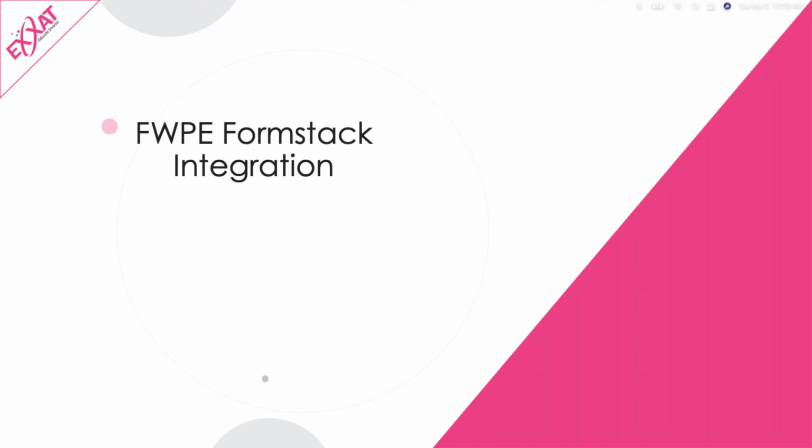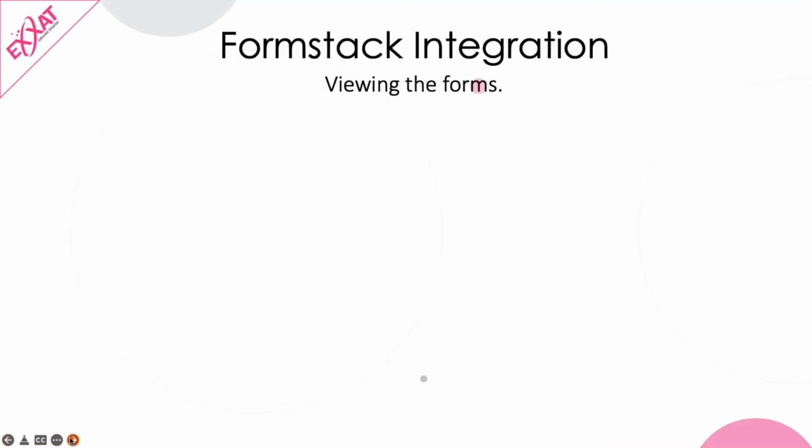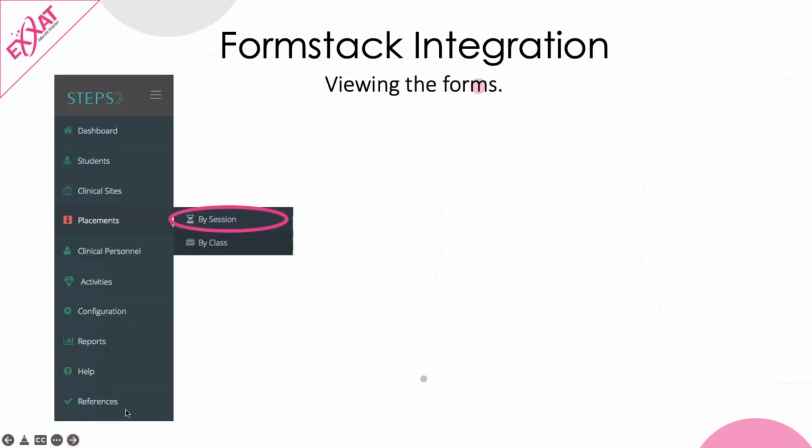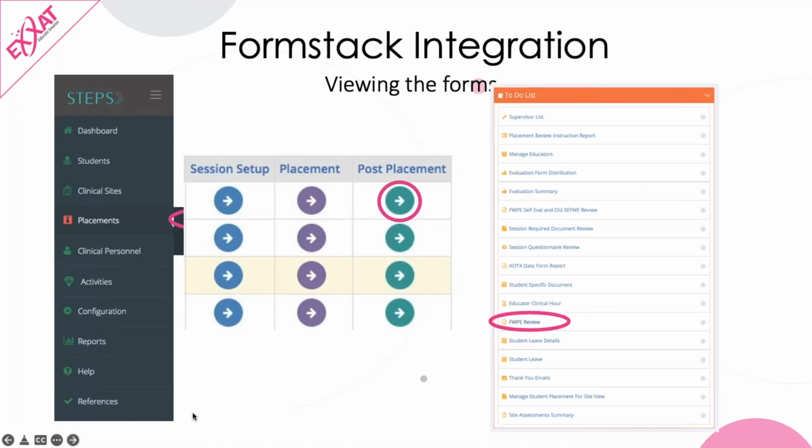No problem. All right. So once that is set up, here is how you can find those forms in the system. You'll go to placements by session, and then in the post-placement section for that session, on your to-do list, once it's set up, you'll have FWPE review.